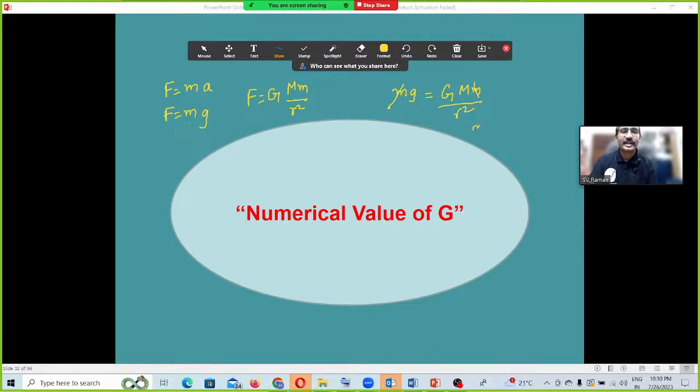So finally, g = GM/r². If you want to compare the universal law of gravitation with the gravitational force on the earth or any other planet, g = GM/r². M is the mass of the planet and r is the distance of an object from the center of the planet.